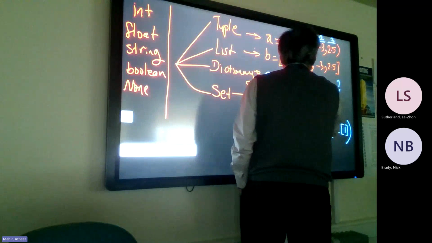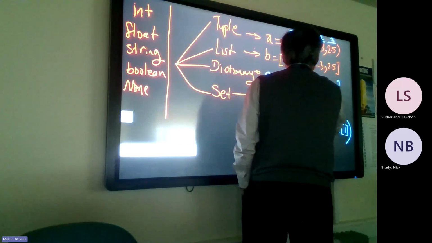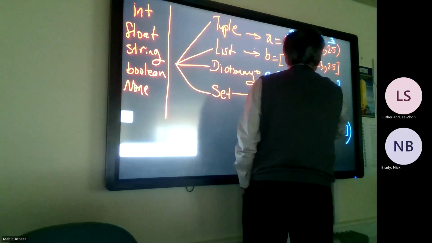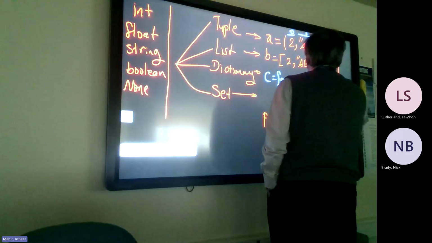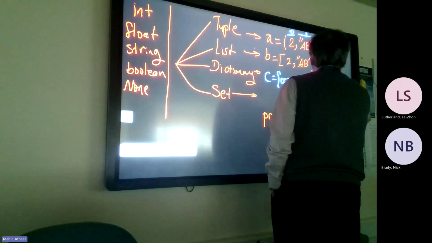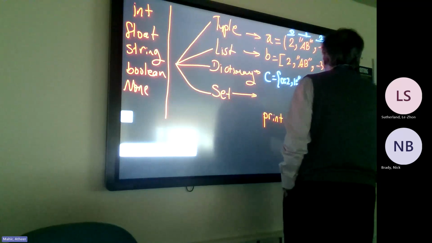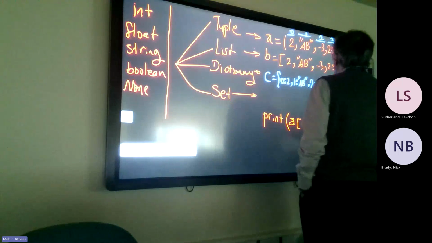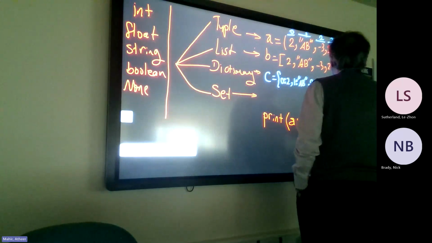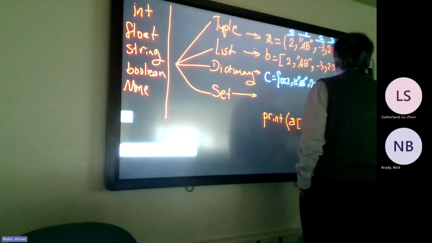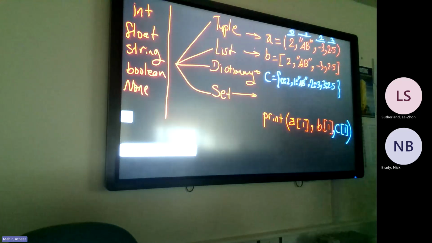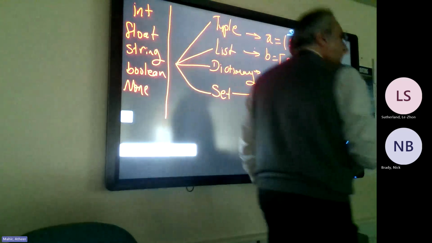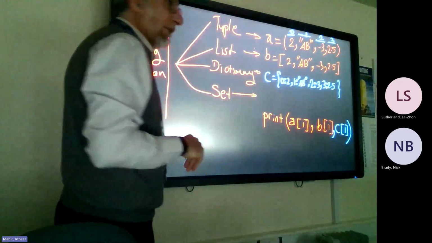Position 1 refers to AB. Position 2 refers to -3. Position 3 refers to 2.5. Please write this down. Now when you do the print, you will get the same answer from all 3.